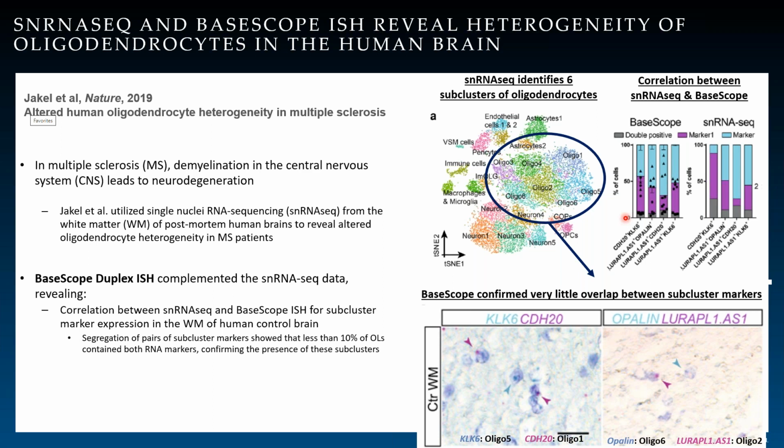In this particular example, these researchers have compared a normal brain to a MS patient brain from postmortem samples, and what they were able to show using the BASESCOPE assay was that there was differential expression in the oligodendrocyte population between these two brains.